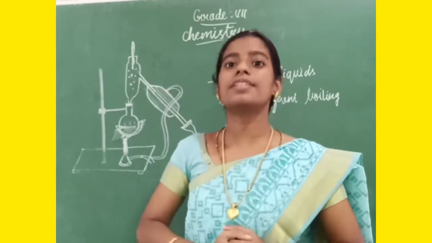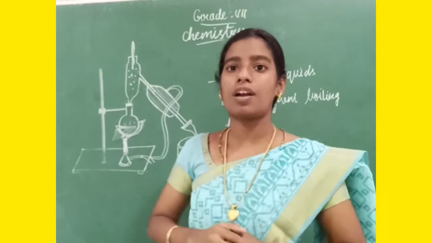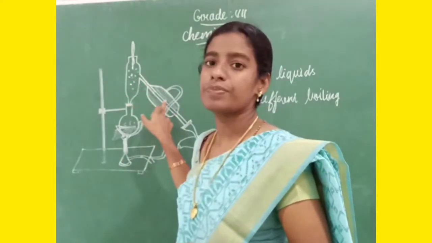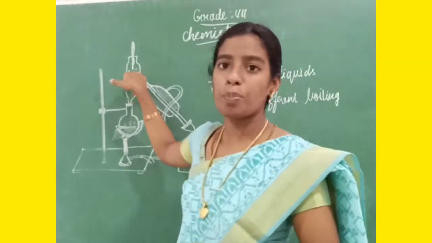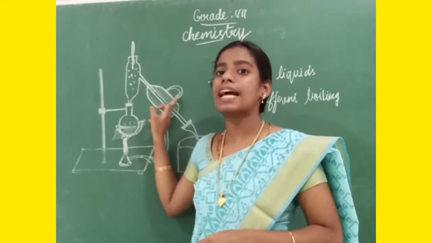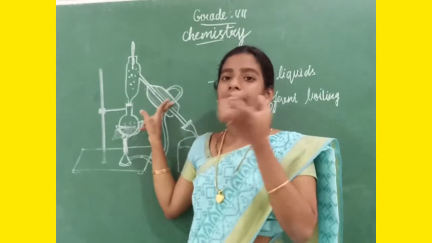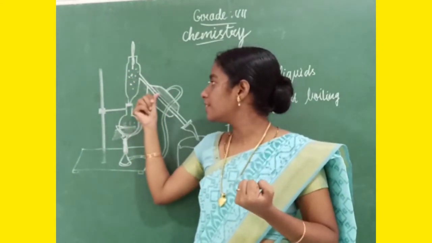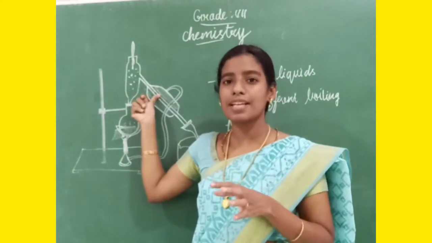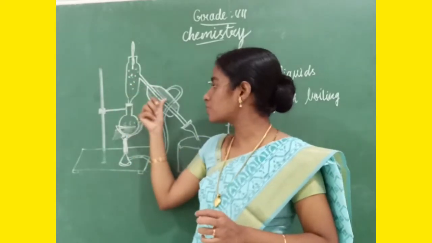Now the vapors at the top of this fractional column will move through this tube, which is attached at the top of the column. It will move through this tube, and here is a condenser. When the vapors coming through this tube reach this condenser, they will get condensed. Condensing means applying some coolness to the hot gas coming through this tube.